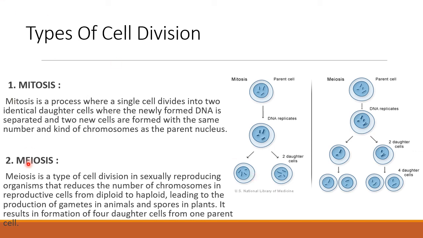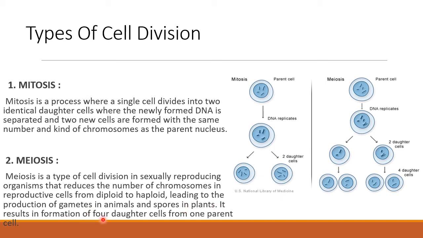Now coming to the next type of cell division, that is meiosis, which is shown here diagrammatically. Meiosis is a type of cell division in sexually reproducing organisms that reduces the number of chromosomes in reproductive cells from diploid to haploid, leading to the production of gametes in animals and spores in plants.